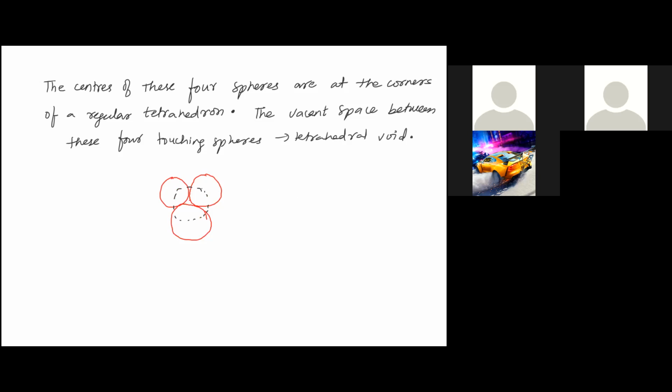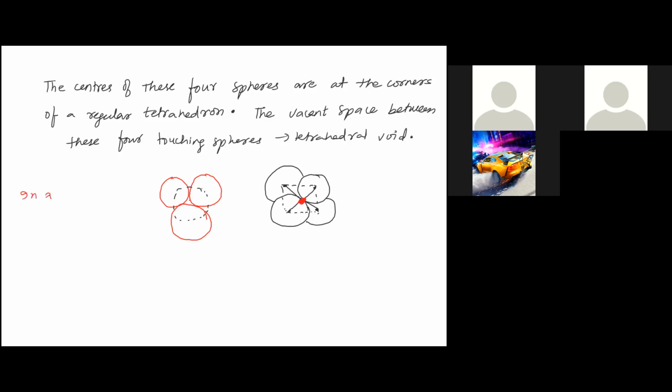So what happens here is, if you have a circle here, behind it a circle here. Then the center of the circle, center of the circle, center of the circle. If you combine them, you have a tetrahedron. So the space in between is actually in the shape of a tetrahedron. That's why we are saying it's a tetrahedral void.